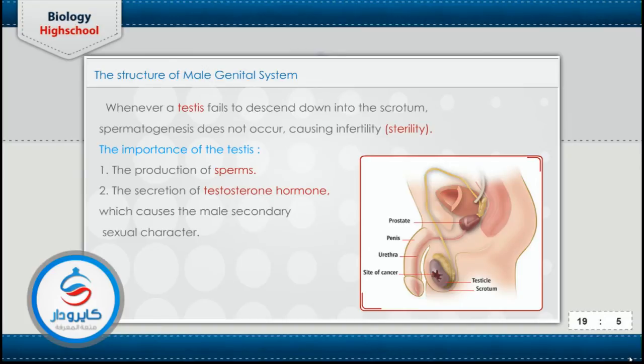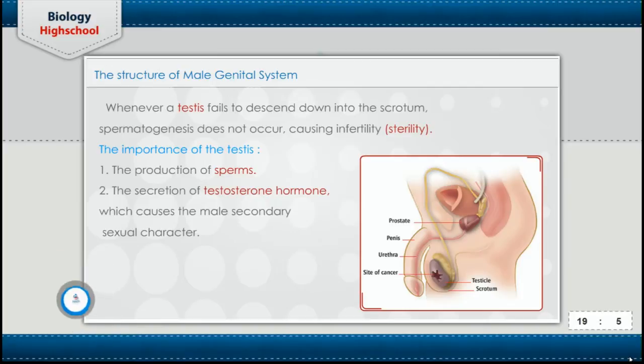The importance of the human testes: the human testes are responsible for the formation of the male gametes, which are called the sperms, and also for the formation of male hormones that are responsible for the appearance of the male secondary sexual characters.